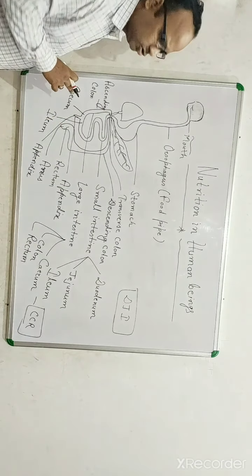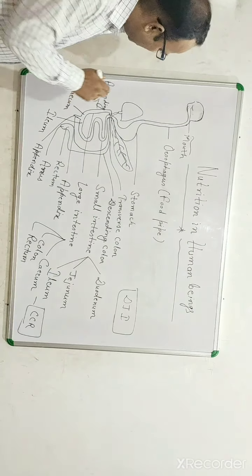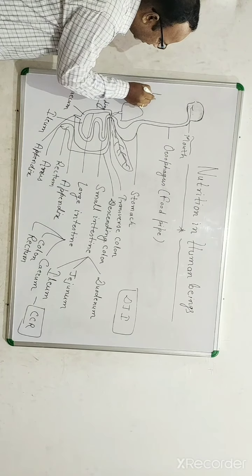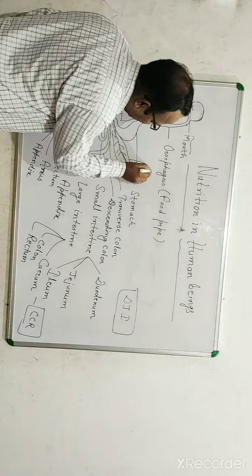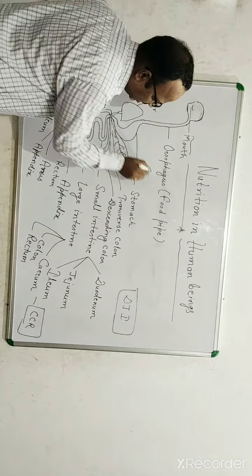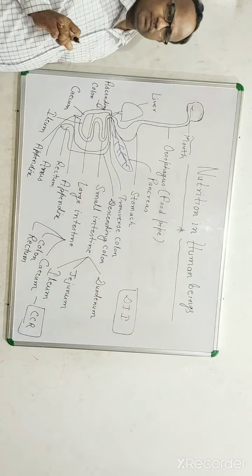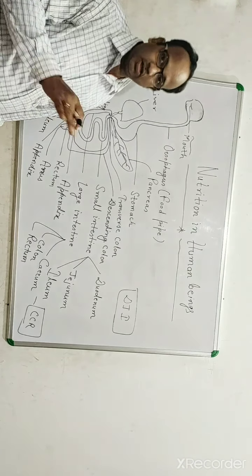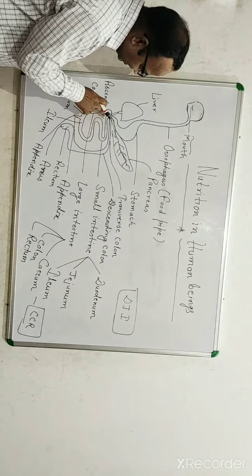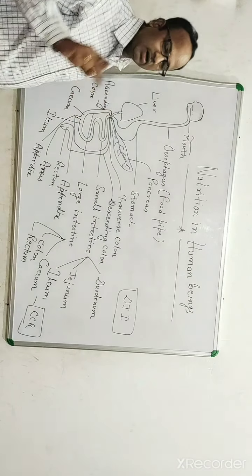There are also glands attached, which you need to know right now. One gland is the liver, and the other gland, a leafy structure, is the pancreas. Both these glands pour their secretions into the duodenum region of the small intestine.